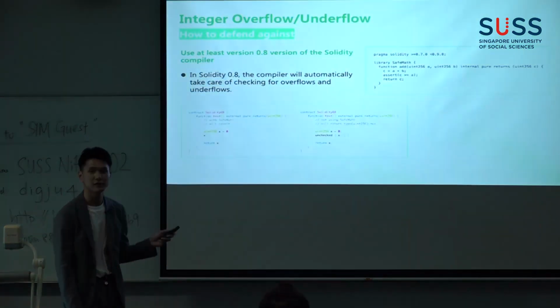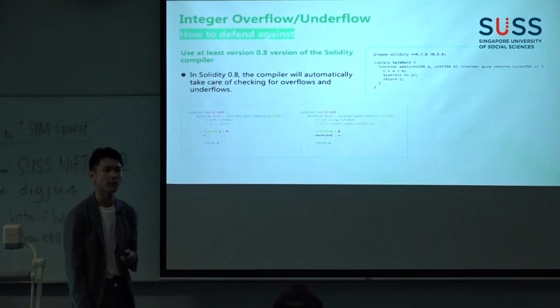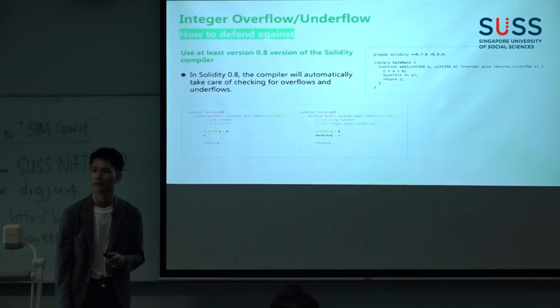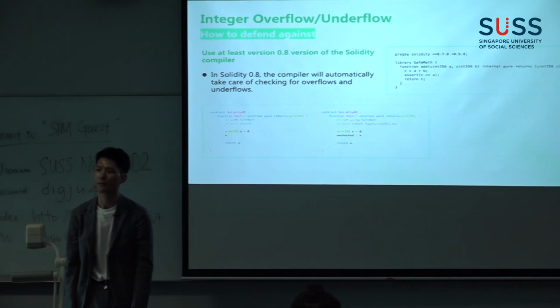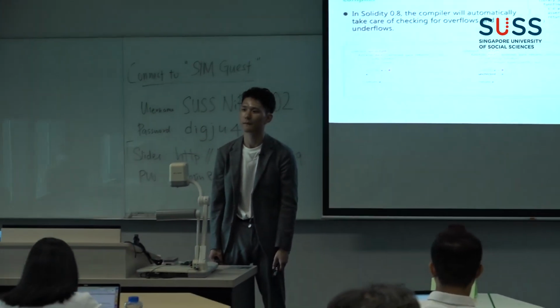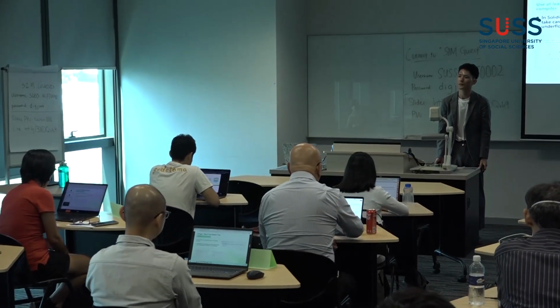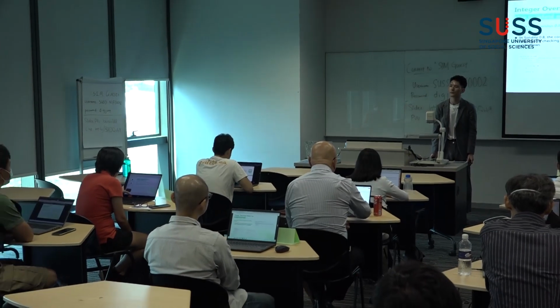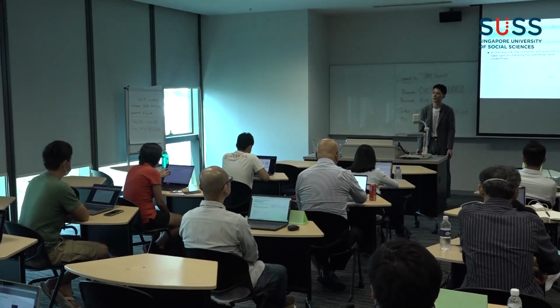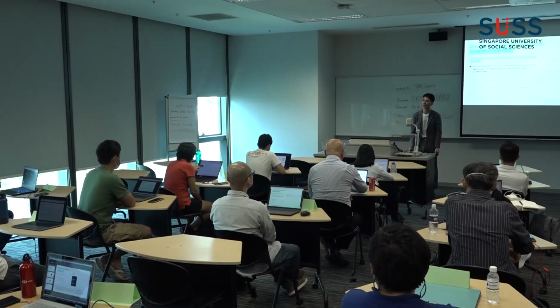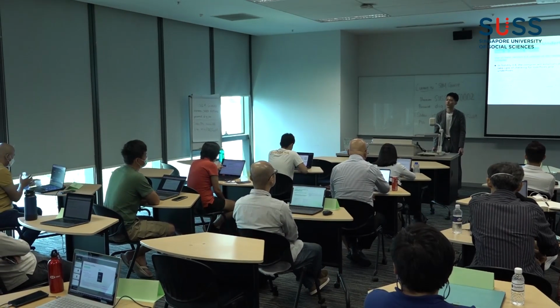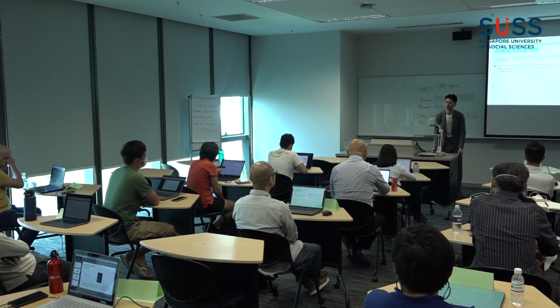Any questions about overflow and underflow? Regarding the compile time check, let's say it's initially run, but it only decreases like 2 times, then it's still underflow. Sorry, I don't get your question.